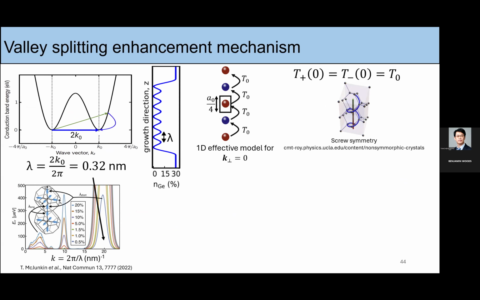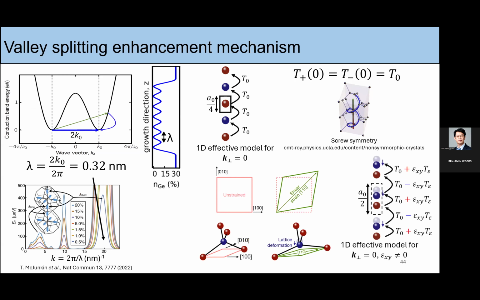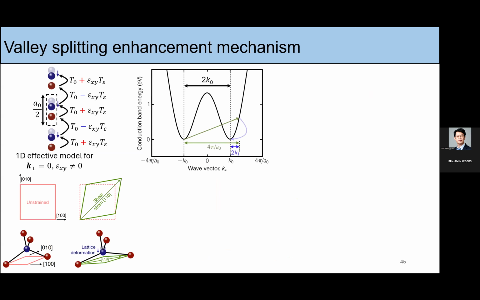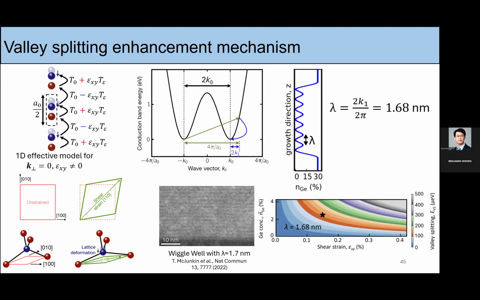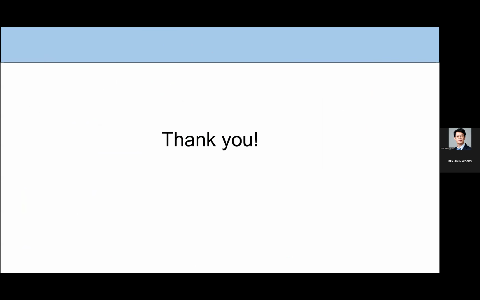When you put shear strain in the system, it causes some dimerization that allows this long coupling in momentum space. And then you just need to provide another pathway to couple these two states, which is provided by these long wavelength wiggles, okay? All right, but for the sake of time, I won't go through all the details of that. And with that, I think that was all I had. So with that, I will thank you for your time. Take any questions.